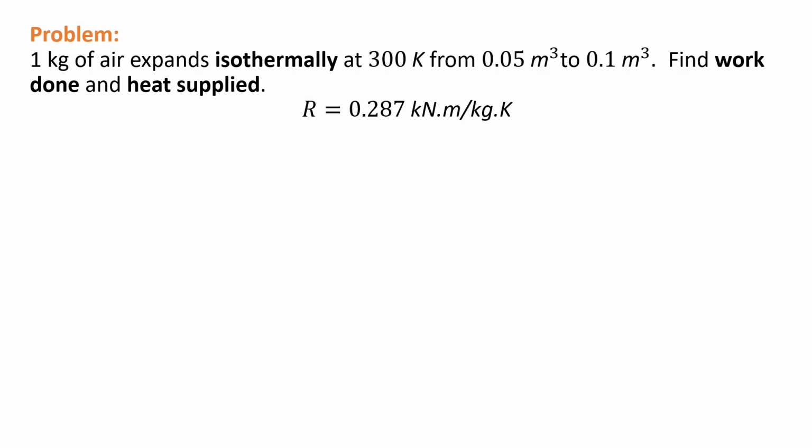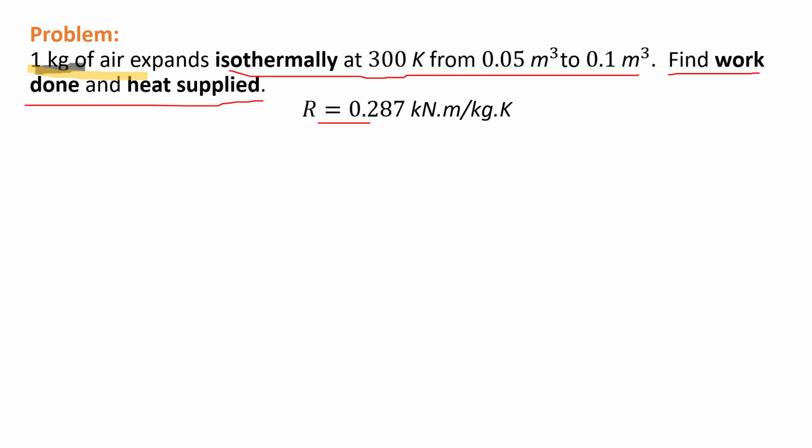So now we have to solve one sample numerical related to the isothermal process. The data is given here, that is 1 kg of air that expands isothermally at 300 Kelvin from 0.05 meter cube to 0.1 meter cube. We have to find out the work done and heat supplied.